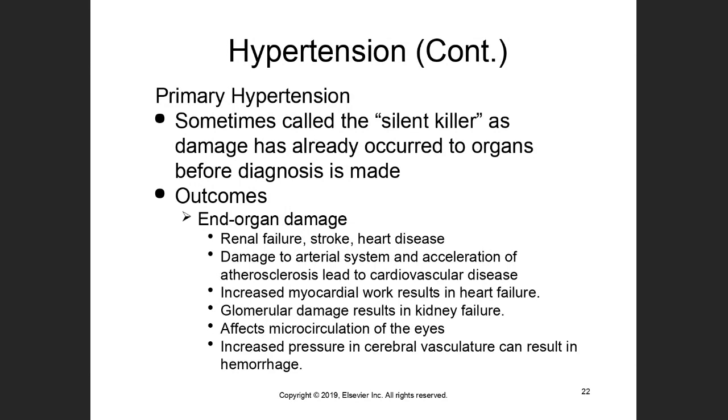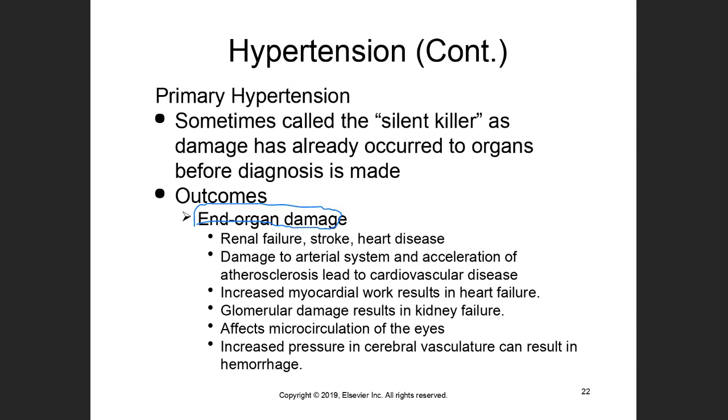Primary hypertension is the silent killer, and sometimes we have end-organ damage. This is the one that may differ, because in hypertension we have emergency and urgency. And what is the difference? The end organ damage. Hypertensive emergency is when your blood pressure is over 220 over 120 and you have signs and symptoms, which means end organ damage.